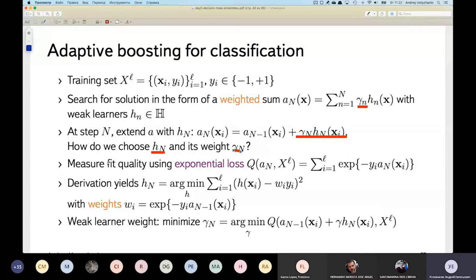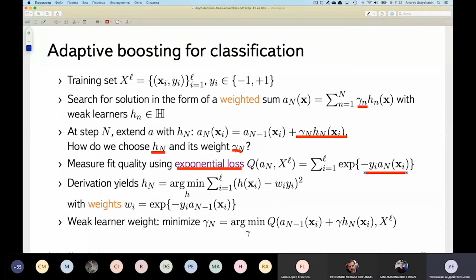So we measure fit quality using the so-called exponential loss. It is different from the loss we had before. It is the exponent of the argument minus ground truth multiplied by the output of the predictions.